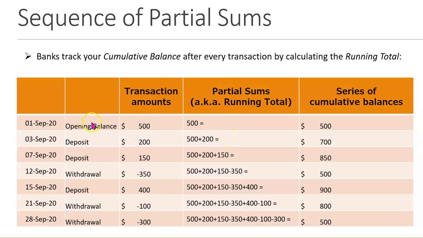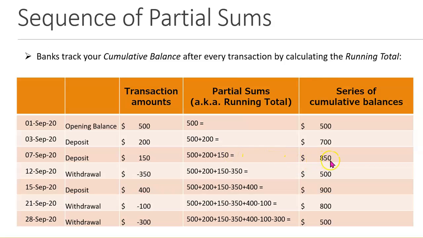So, for instance, on this picture, let's say on September 7, after you deposit $150, your new balance will be the sum of all deposits you made by that day, which is 500, 200, and 150.